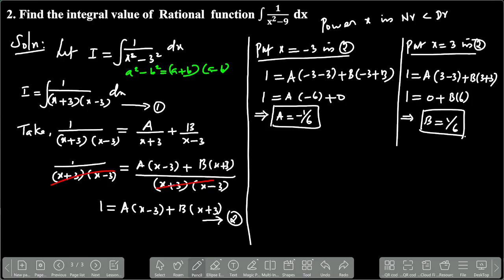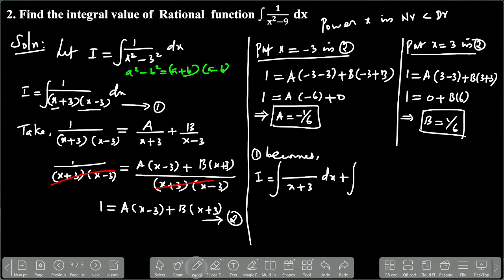And finally, you can rewrite equation 1. I equal to the rational function separated as x minus 3, x plus 3, and then again we are using the partial fraction method. By the partial fraction method, a by, b by, write in the integration: integral of 1 by x plus 3 into dx plus integral, sorry, I forgot the a value.